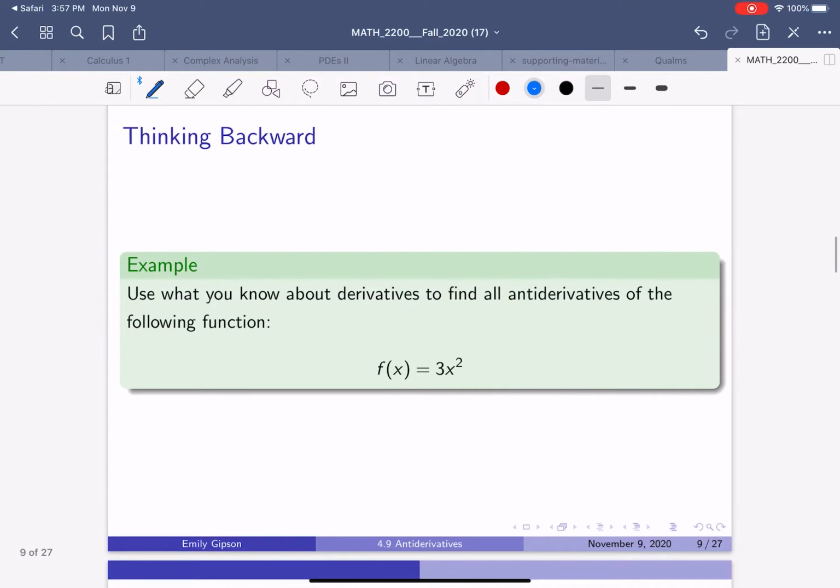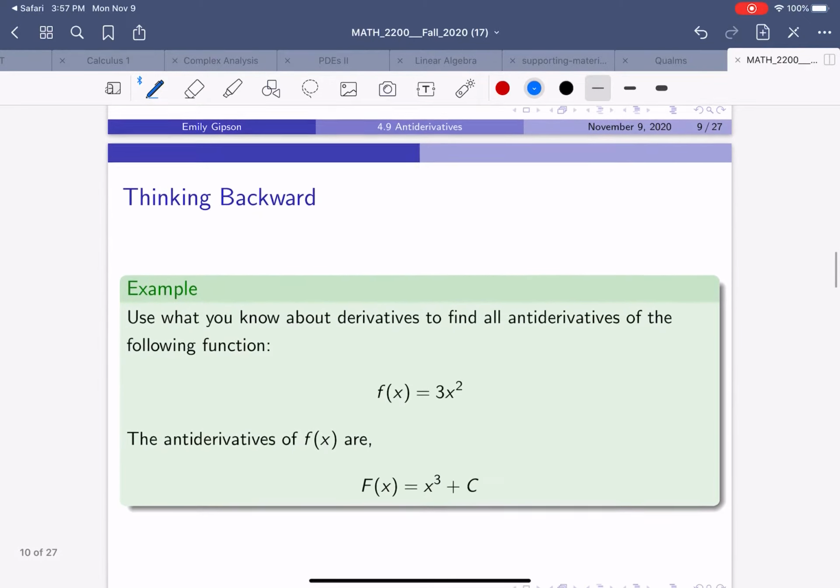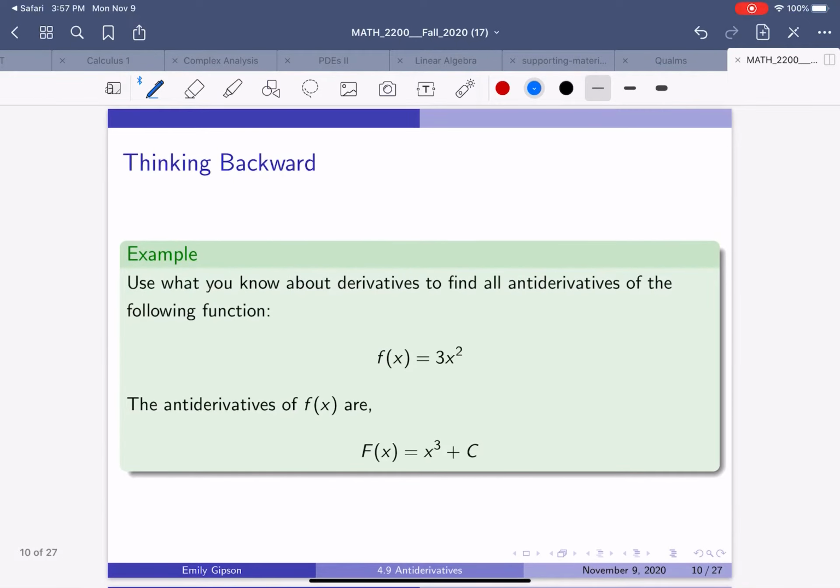So using what we know about derivatives, let's find all the antiderivatives of the following function, f of x equals 3x squared. We know that an antiderivative of f of x is x cubed, so to find all of them, we just add plus c.